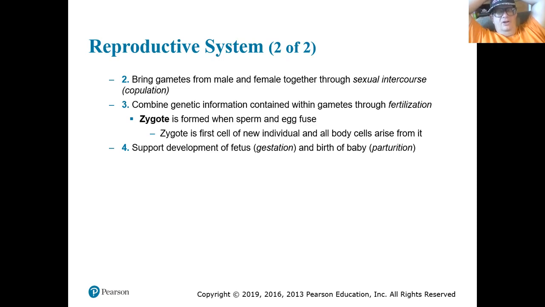That's when it becomes a hollow ball of cells, and then we'll have an embryo, and then we'll have a fetus, and then we'll have a baby. Anyway, the support of the development of the fetus, gestation, and the birth of the baby, parturition. Pretty straightforward.